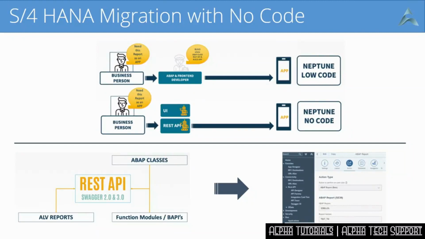And so what it is basically, I can take any type of ABAP report, ALV report, and with no code, I can go into the Neptune cockpit, create, say I want to create a new tile or a new card, and over in the bottom right-hand screen there, I'm kind of showing you what this cockpit looks like. But I've chosen an ABAP report, and then I give the name of the ABAP report. This is the SE38 report in the SAP GUI transaction.